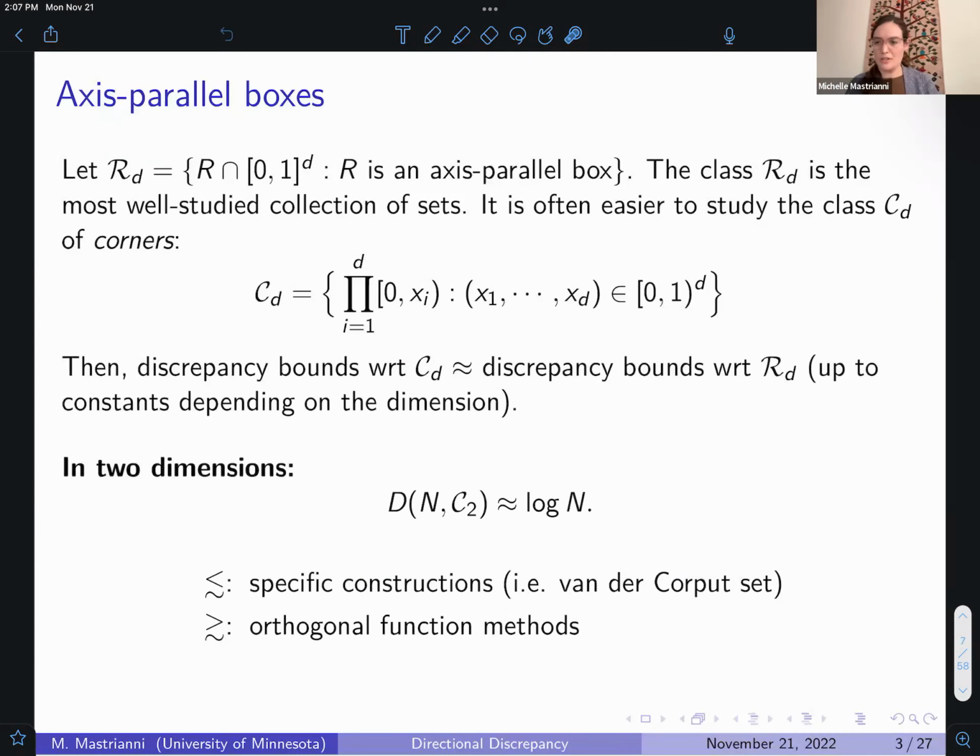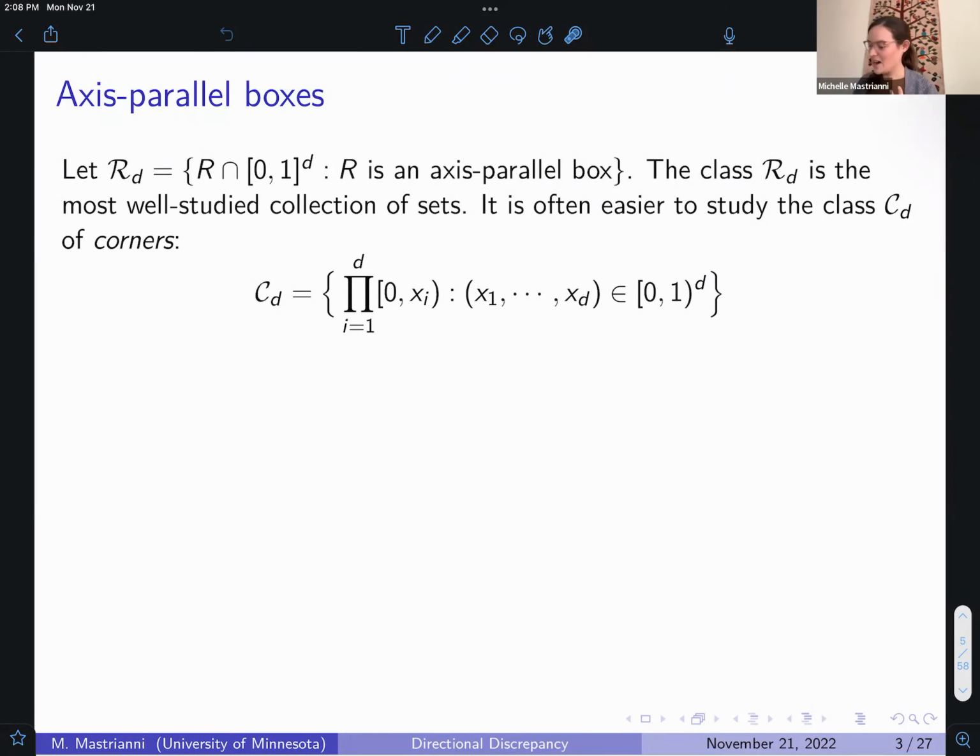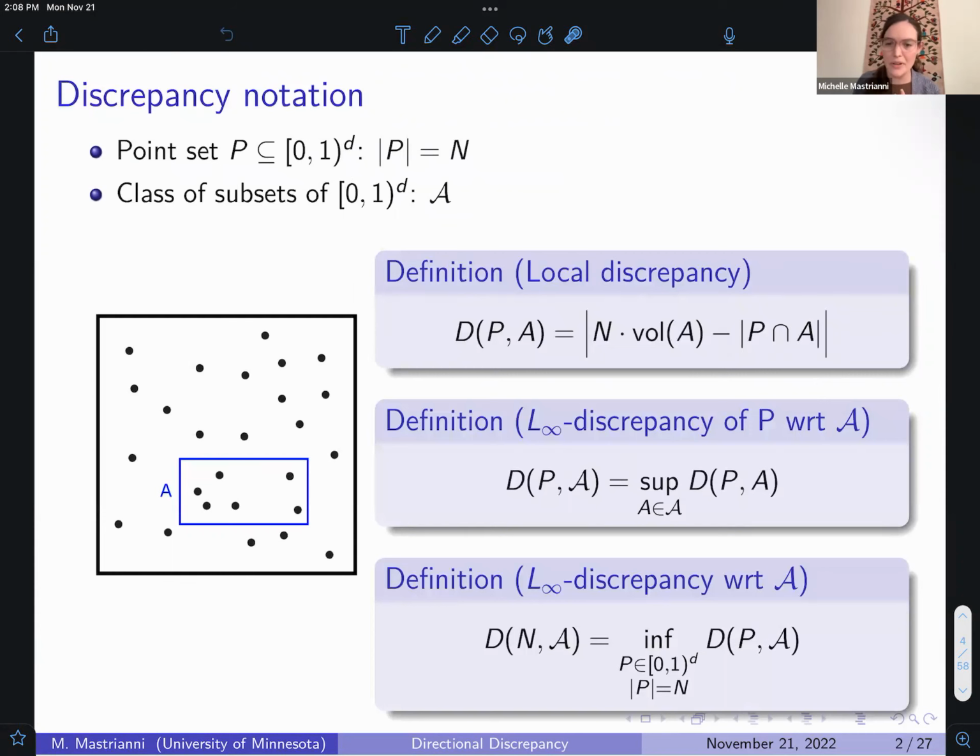So in 2 dimensions, the order of the discrepancy is entirely understood, and the discrepancy with respect to corners, or all rectangles really, is logarithmic. It's log n. For an upper bound, if we have a specific point set that satisfies a particular upper bound, that suffices, because in the definition of discrepancy, we're looking at an infimum over point sets.